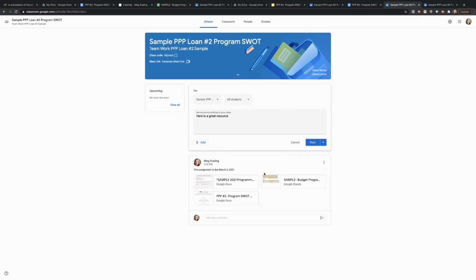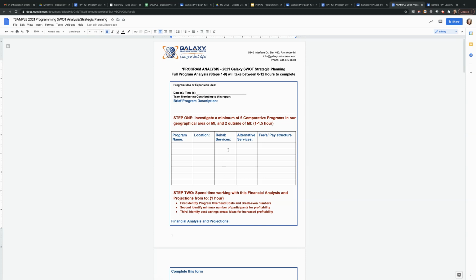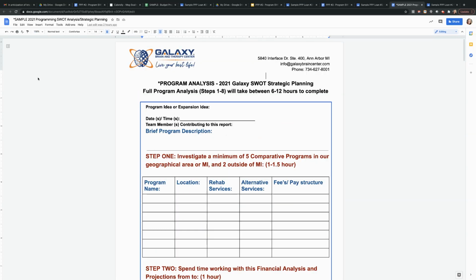So what you're going to be assigned as the SWOT analysis is this right here. Step 1 is you're going to investigate a minimum of 5 comparative programs in our geographical area and 2 kind of outside Michigan. So we want to look at what's happening in this area and then what maybe is happening that other states are doing that we're not doing in Michigan.